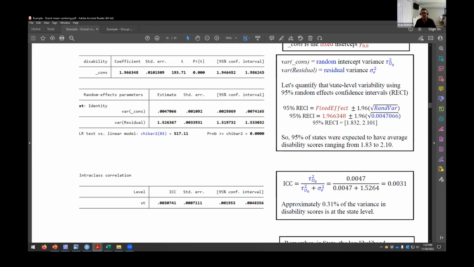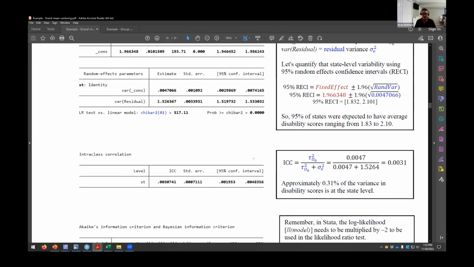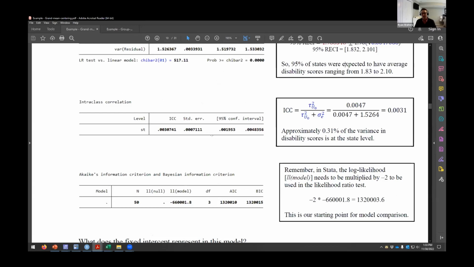We can calculate, again, this value of 0.0047, that's all fine and dandy. But the reality is, if we want to put it back on the scale of the disability, we use our 95% random effects confidence intervals. We've seen this interval previously. What we really care about here is our intraclass correlation. So again, random intercept variance divided by total variance.